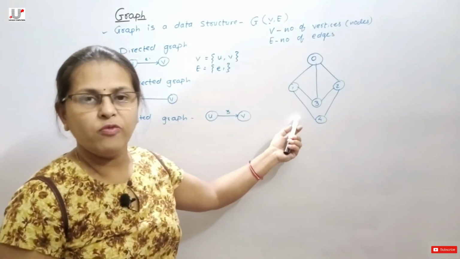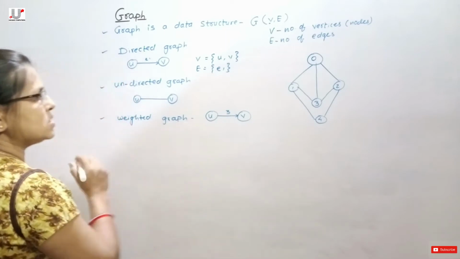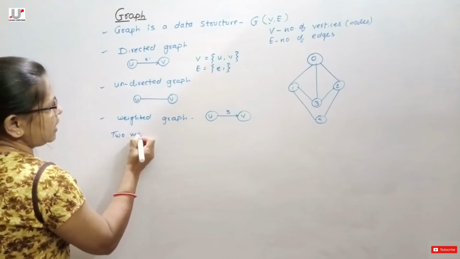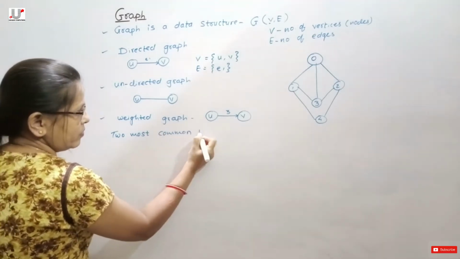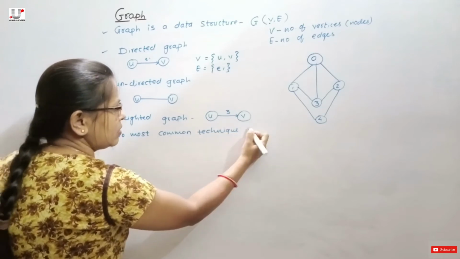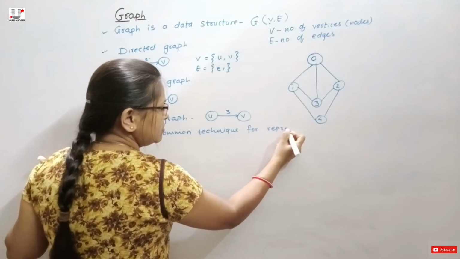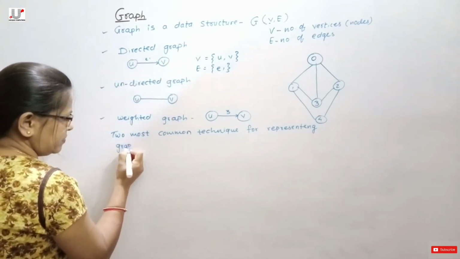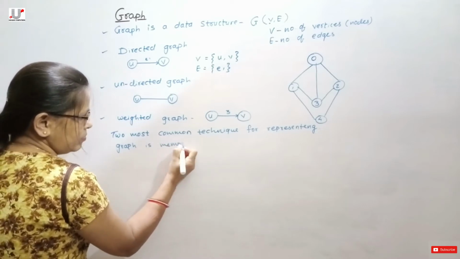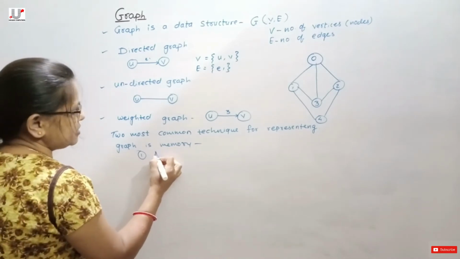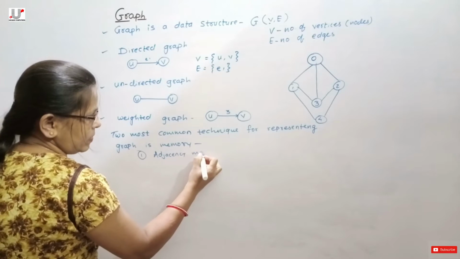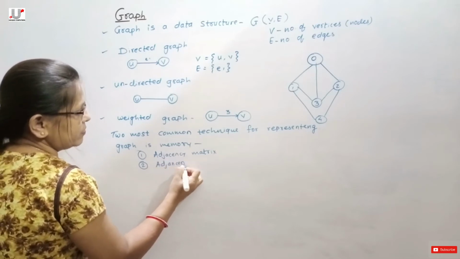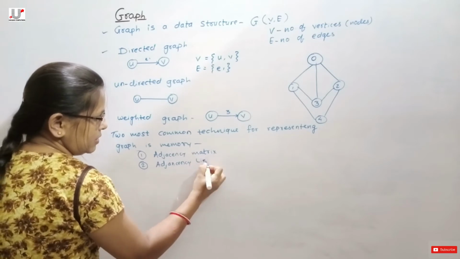To represent a graph in memory, the two most commonly used techniques are adjacency matrix representation, and the second one is adjacency list representation.